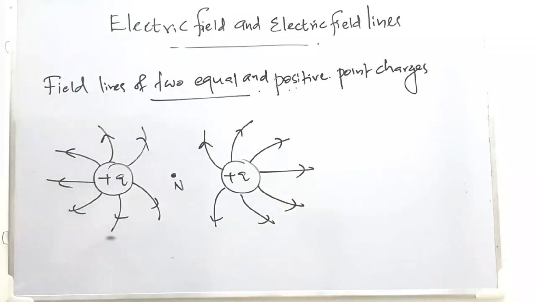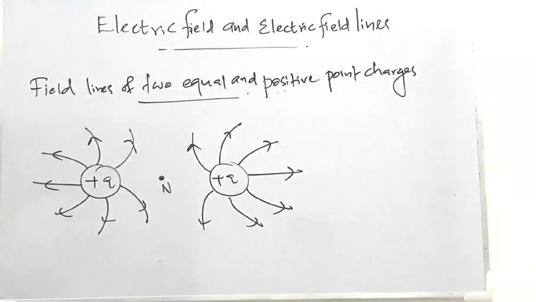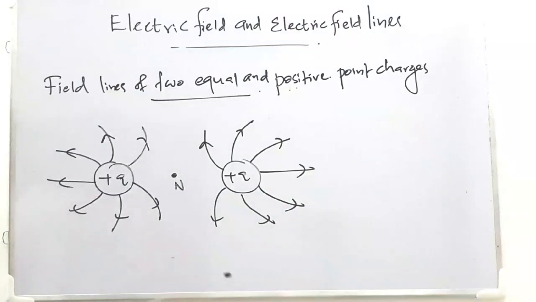So this is how you are going to get field lines for two equal and positive point charges. This point where there is no electric field line, or where there is no electric field, is called the neutral point. Instead of these two positive charges, if you are placing two negative charges, the field lines will be the same, but the direction of the arrows will be towards the negative charges. That will be the only difference.